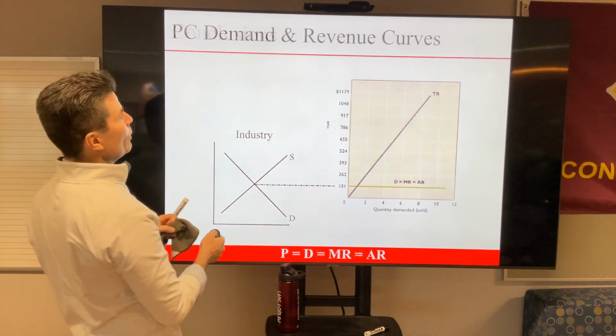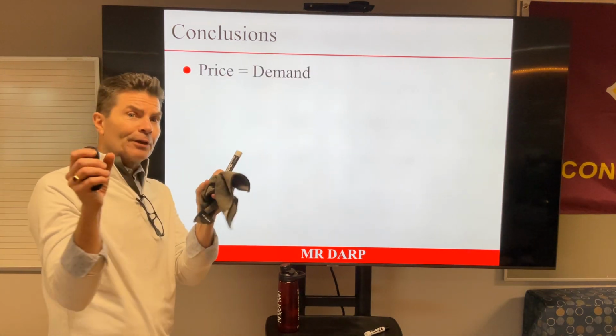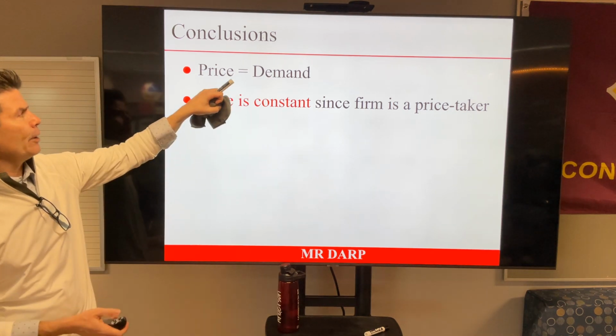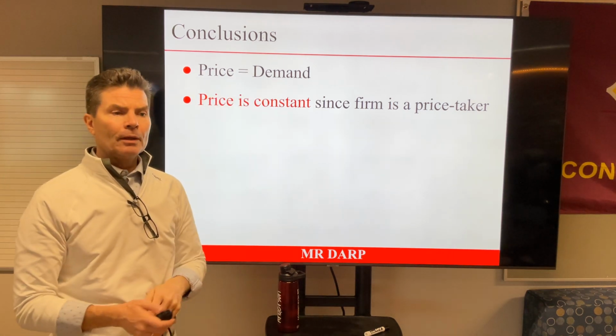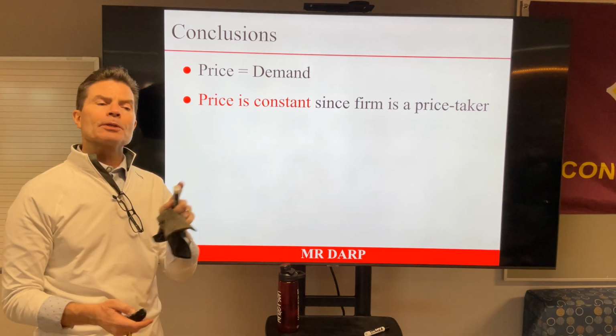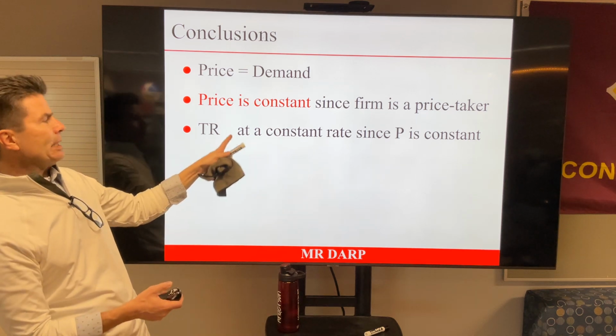All right, so again, we look at these different pieces, and here are our conclusions about this first part. At the very end, we have price equals the demand, and we know that price is constant since the firm is a price taker. Your total revenue increases.